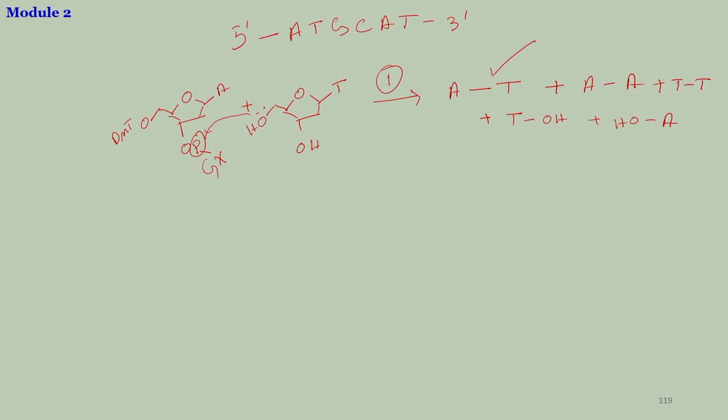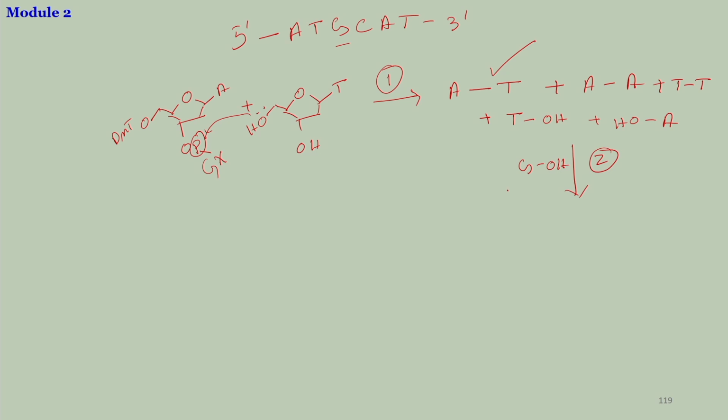So, if you want to get this in pure form, you have to separate all the others, which is again a difficulty, or you can move on to the second cycle and then use G. Since the 5 prime is always reacting, I am writing OH for the 5 prime position, GOH. Of course, G means the whole of G, only the replacement will be here.